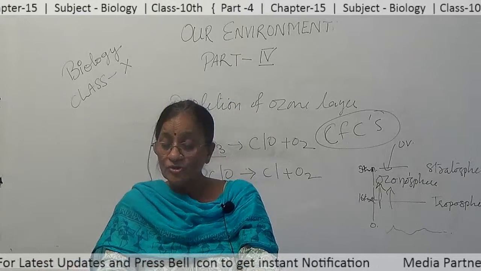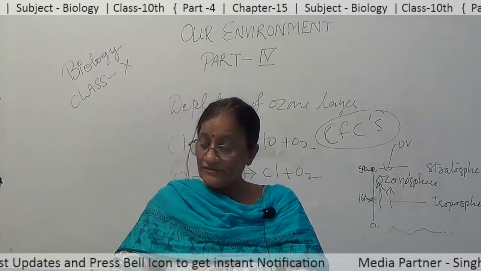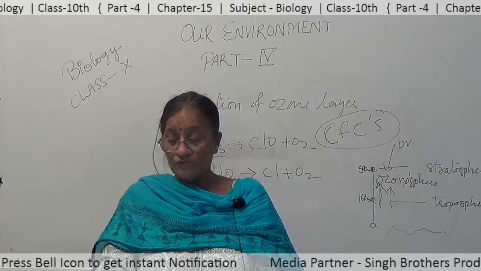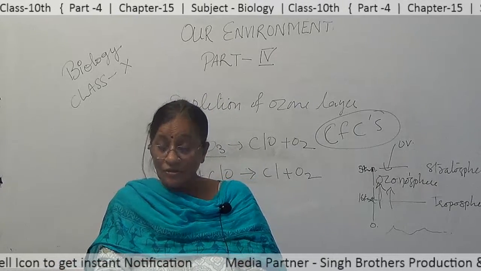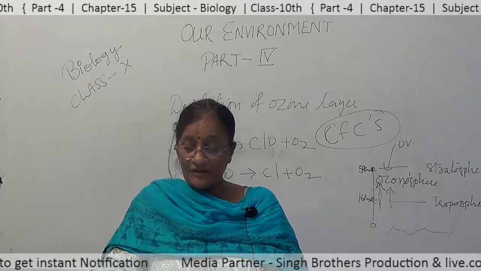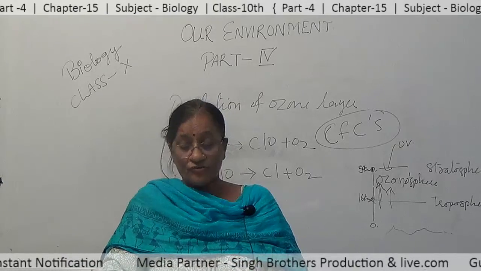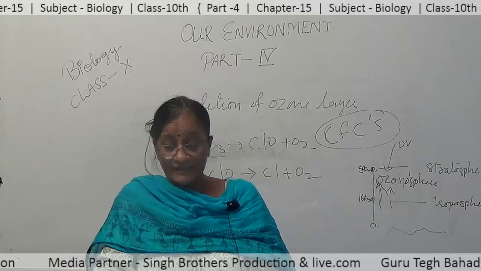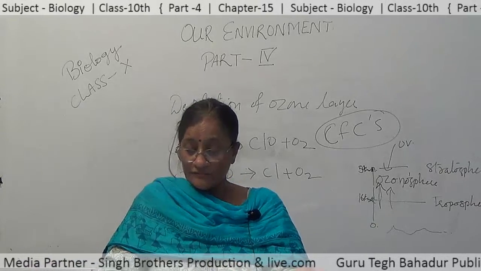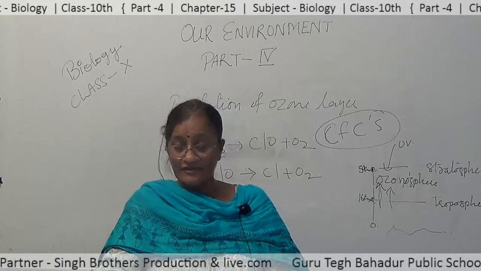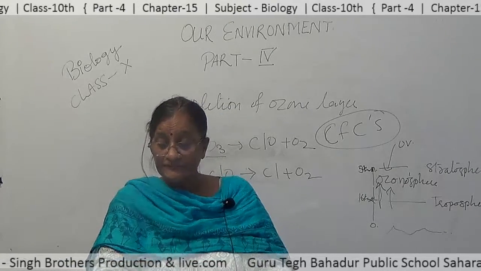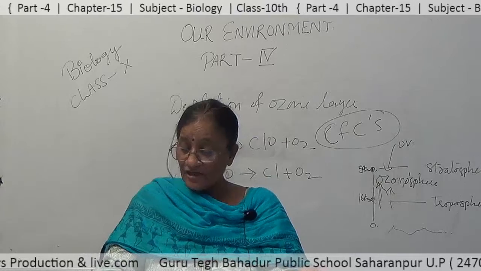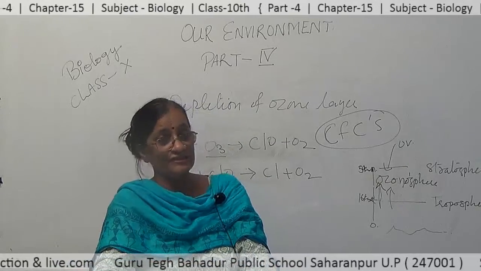It was also recommended that alternate technology be developed to replace the use of chlorofluorocarbons. And it is also seen that after limiting the use of chlorofluorocarbons to half of the 1986 levels, the size of the ozone hole has decreased in recent years. This means if we reduce the use of CFCs, thinning of the ozone layer can be checked.